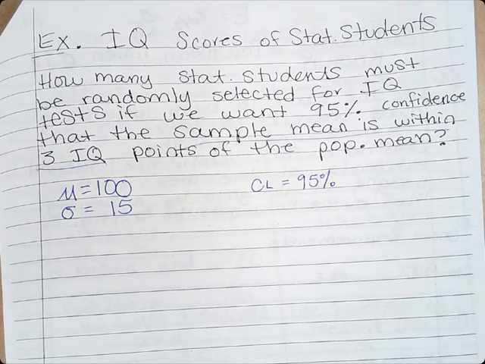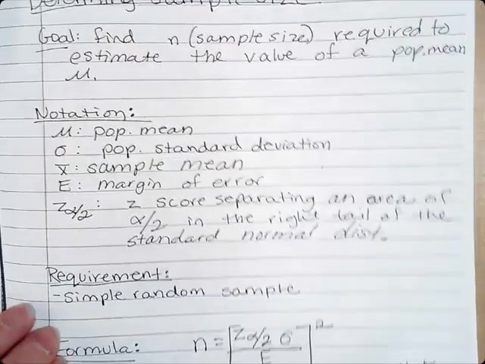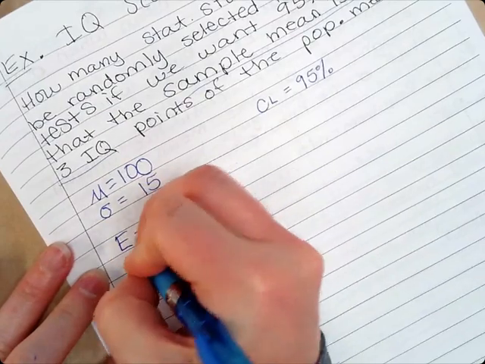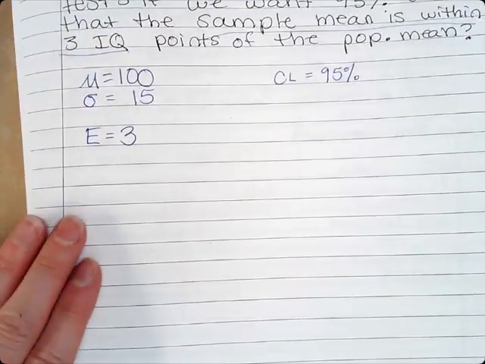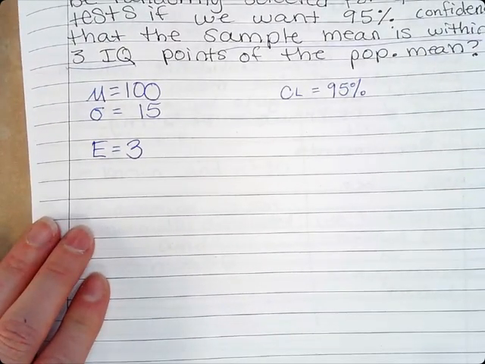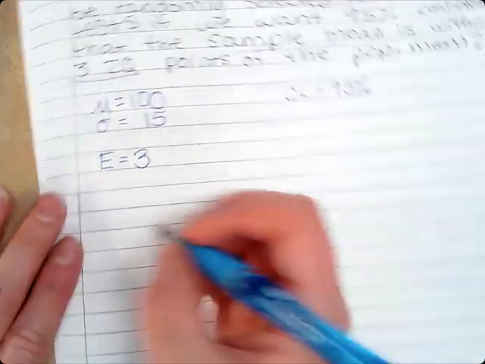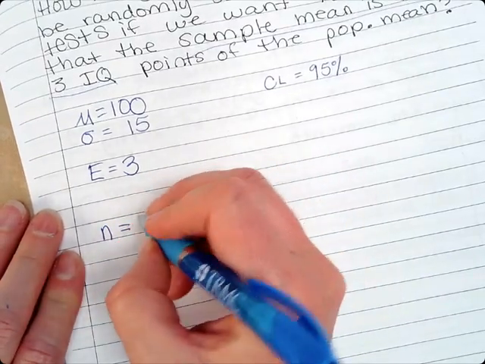You go above it 3 points, and you go below it 3 points. So that would be considered our margin of error, 3. Let's go ahead and write down our formula so we know that we have everything.